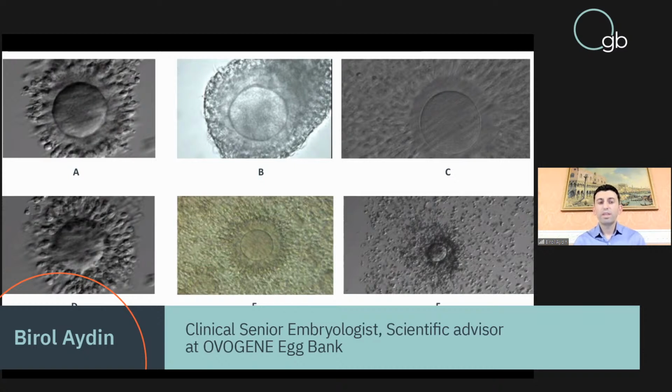For example, in image B, as you see, the cumulus complex is very thick. If you go directly to the hyaluronidase enzyme and use 135 or 140 diameter pipettes, you may damage the shape of the oocytes, or you can enlarge the perivitelline space diameter.